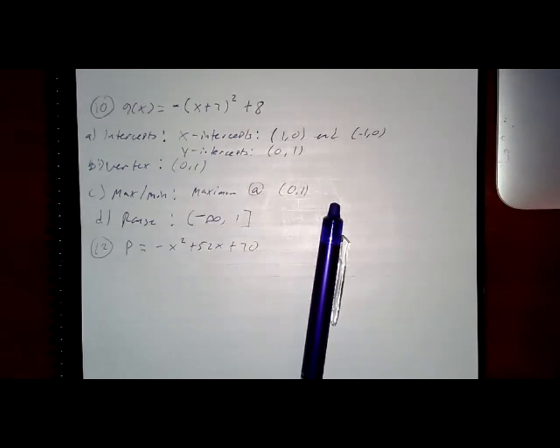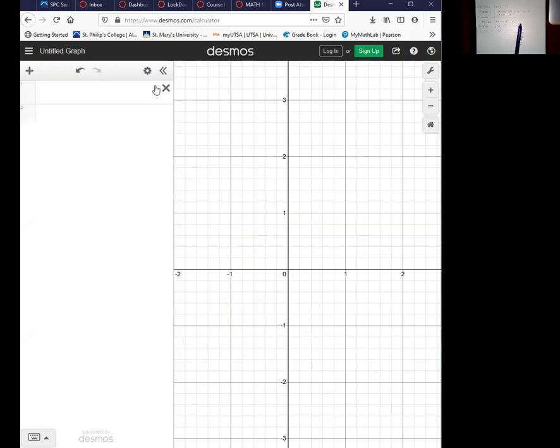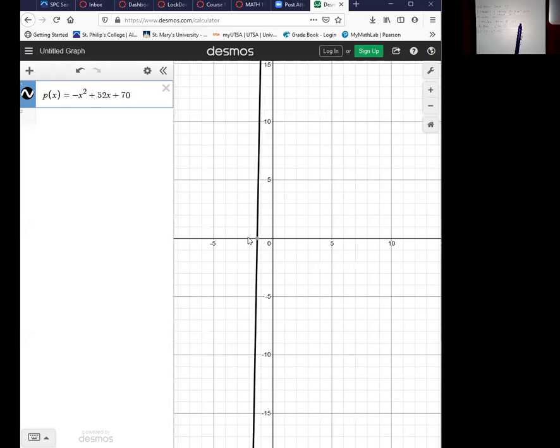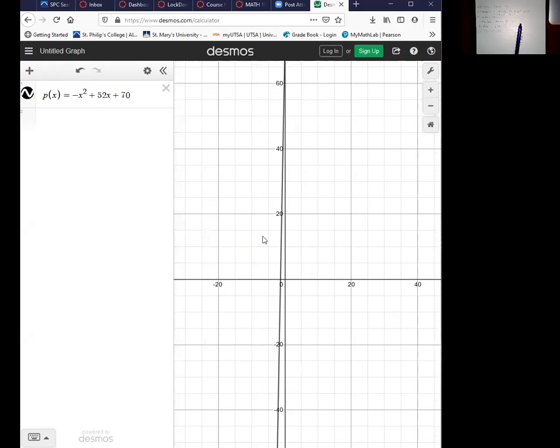Okay. Profit is negative x squared plus 52x plus 70. Okay, it's kind of way up there.